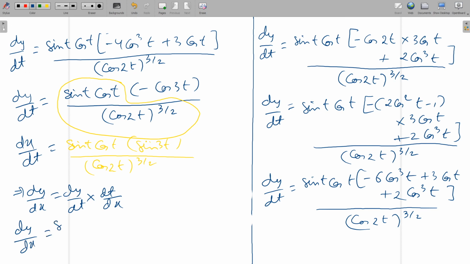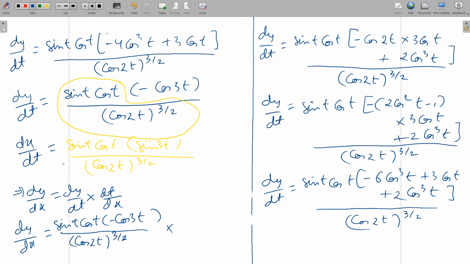Sin t into cos t, and minus is there, so minus cos 3t, divided by cos 2t raised to 3 by 2, and multiplied by dt by dx.